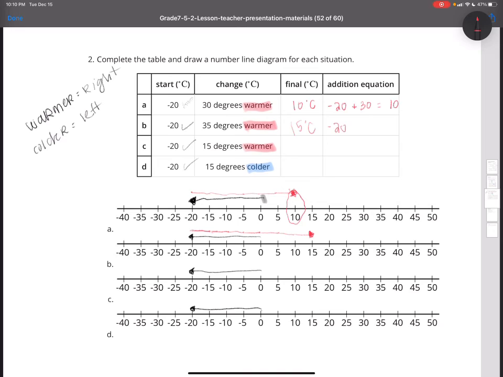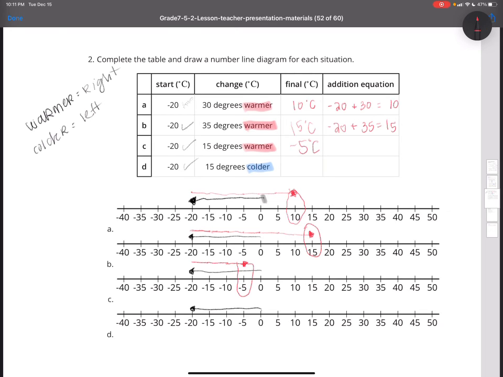It's going to be negative 20 plus 35 is equal to 15. I'm going to circle where it stopped. All right. For the next one, it's 15 degrees. So it's going to be 5, 10, 15. Circle it. And it's going to be negative 5.